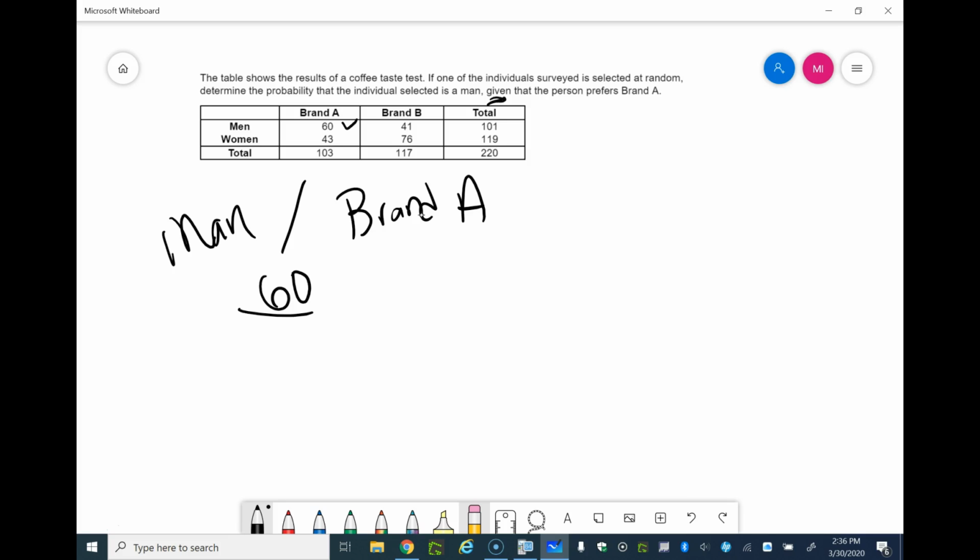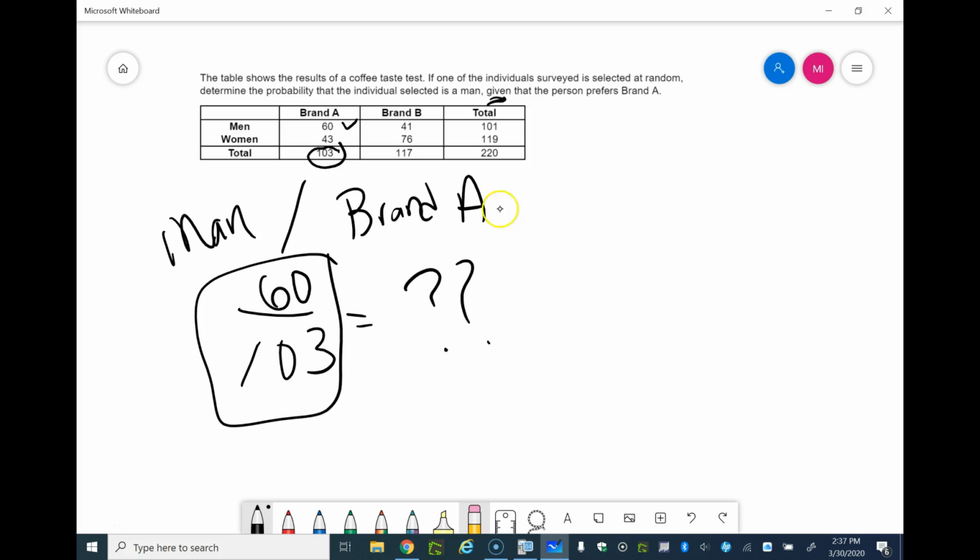Now we look at the given and just the back part of it. We just need the total of brand A's. So we go down to brand A, and the total is 103. You just put this in your calculator and reduce it, and if it can't be reduced, then this would be my answer.